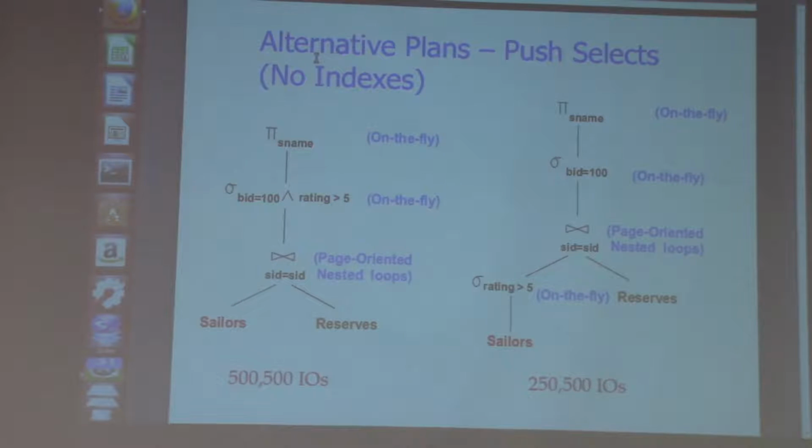Random IO or sequential IO. Random IO is a little bit more expensive, but IOs are typically in the order of milliseconds. Let's just say that, and that gives you about 500 seconds for the query. 500 seconds, which is less than 10 minutes, about 8 to 9 minutes.